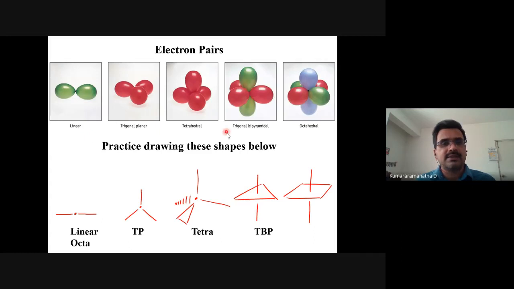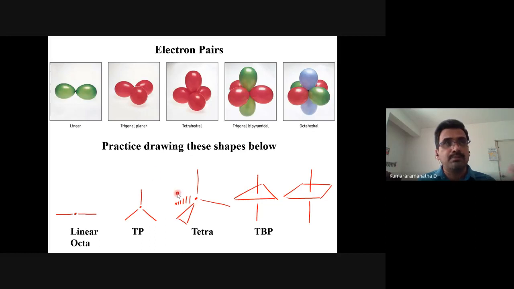Depending on the electron pairs, we can form a linear molecule, a planar molecule, or a tetrahedral. In tetrahedral, special cases are water and ammonia, where we can have V-shaped or distorted tetrahedral configurations, or trigonal bipyramidal if you have 5 electron pairs, and octahedral with 6 electron pairs.